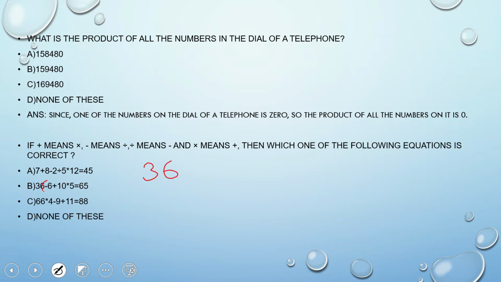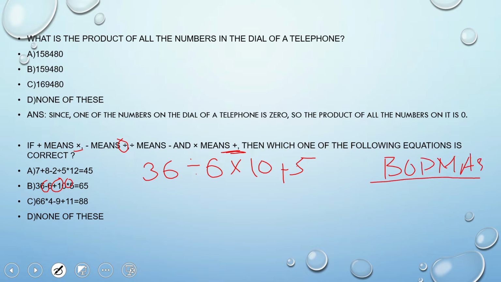In place of subtraction you have to keep division as said in the equation, that is 36 divided by 6, and in place of addition you have to keep multiplication, that is into 10, and in place of multiplication you have to keep addition, that is plus 5. Here you have to follow the BODMAS rule, that is division, multiplication, addition, and subtraction.